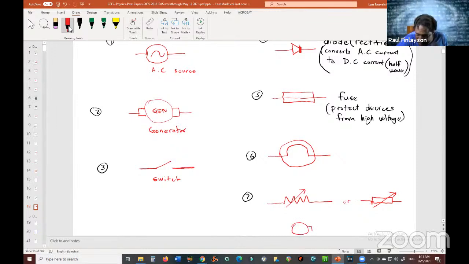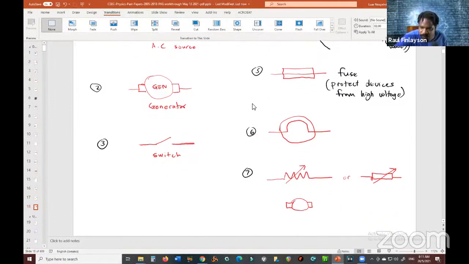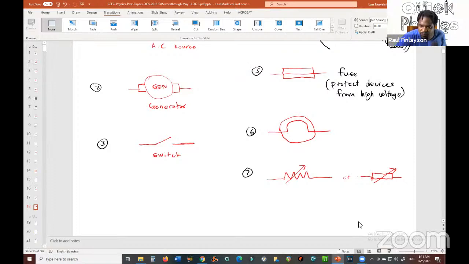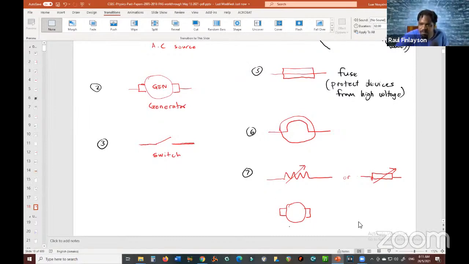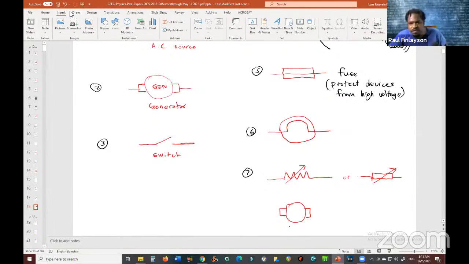So I am going to basically draw the motor. The symbol for the motor is this. All right, there's a motor. It's a circle with like 2 blades there. And of course, that's our motor. But coming back to this later on.